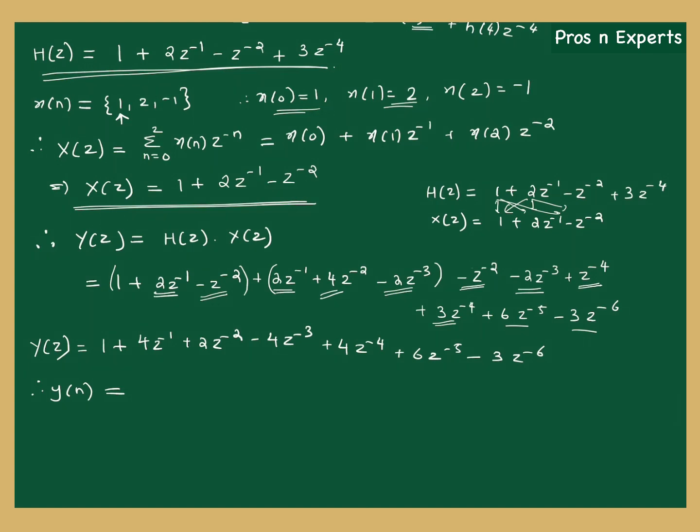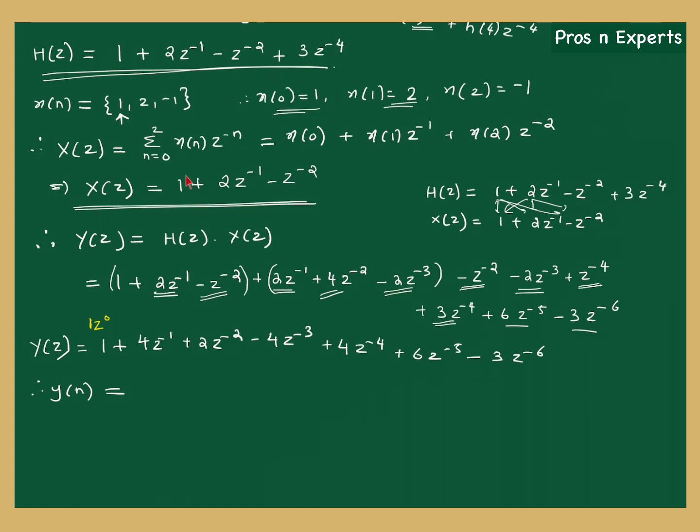Okay, so inverse Z transform of 1: we can write 1 as 1 into z raised to 0. Or you can recall what we have already done. Here 1, 2, minus 1 was a signal, the transform of 1 plus 2z inverse minus 2z inverse 2.